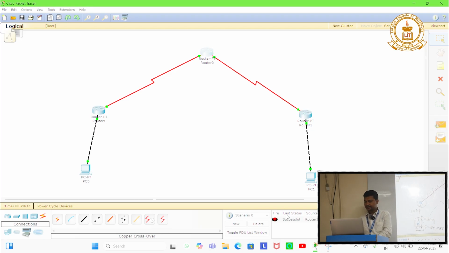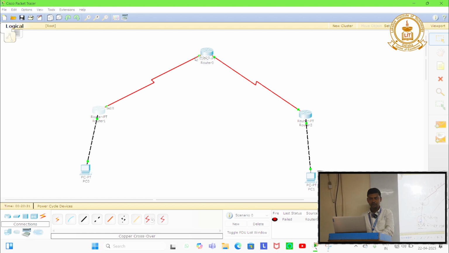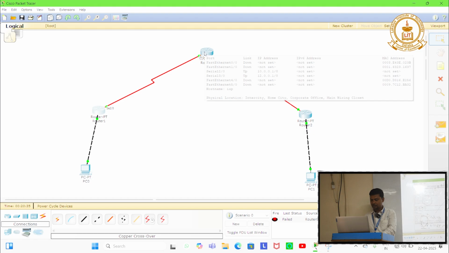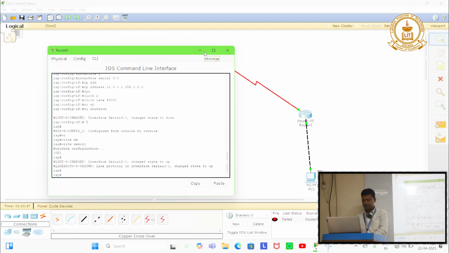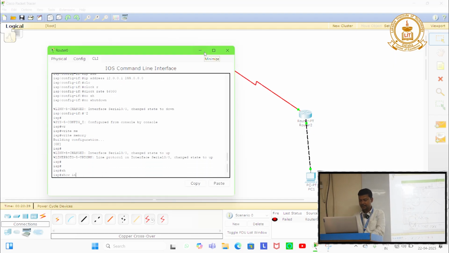But the previous statement is not successful, meaning ISP is not directly connected to LIT. So what is the problem? This is which port? 2/0. In the ISP router, show interface serial 2/0.